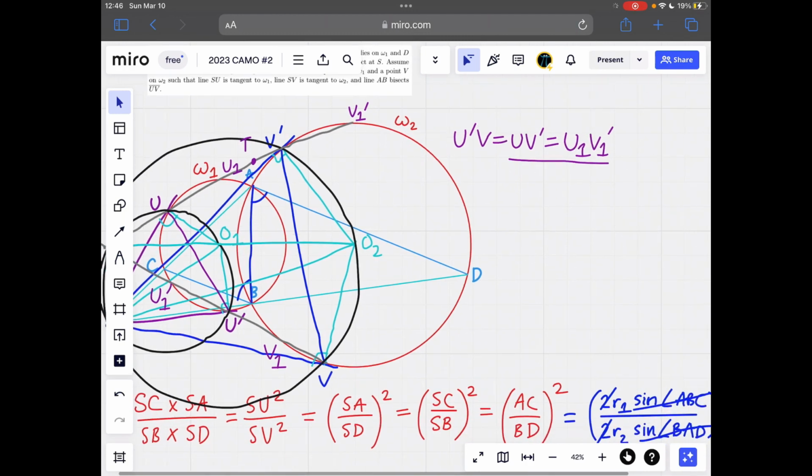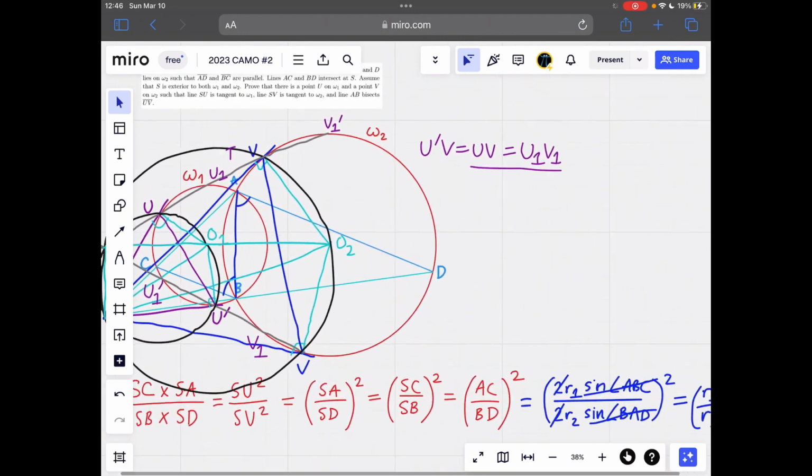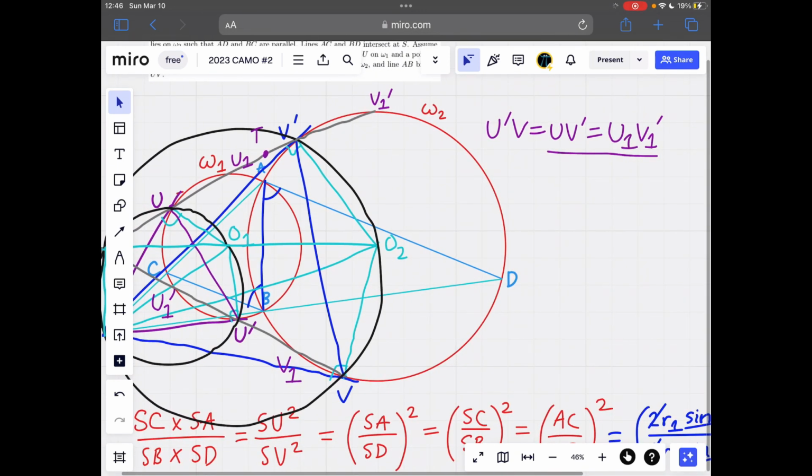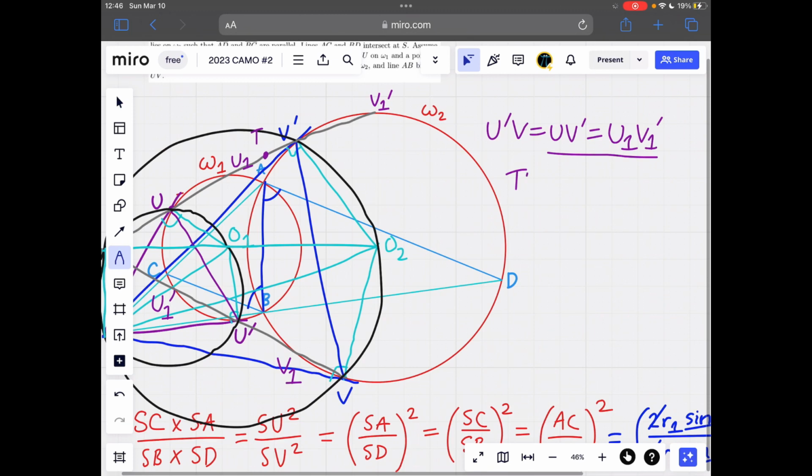And point T, we conjecture that it lies on AB, and the proof is really simple. Just consider its power with respect to both circles, omega 1 and omega 2. So you'll see that TU1 times TU is equal to TV' times TV1'.